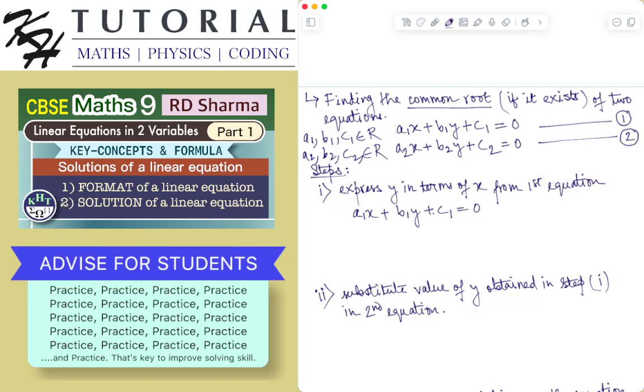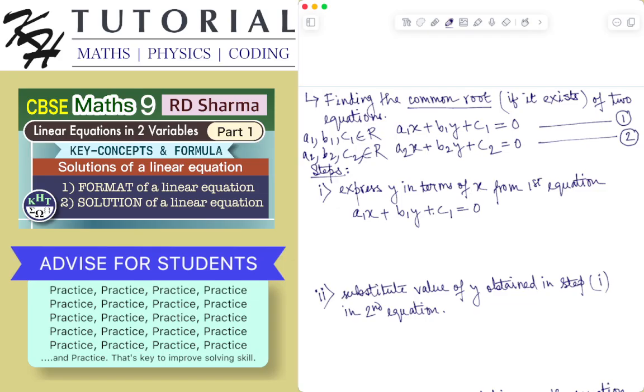Remember that there will be only one single unique common root of two given linear equations. But there is one thing to understand: if you are given two linear equations in two variables x and y, it is not necessary that they will have a common root. A common root may not exist.